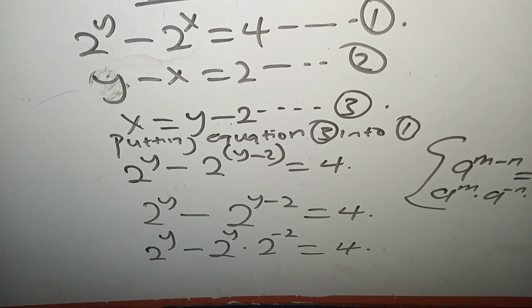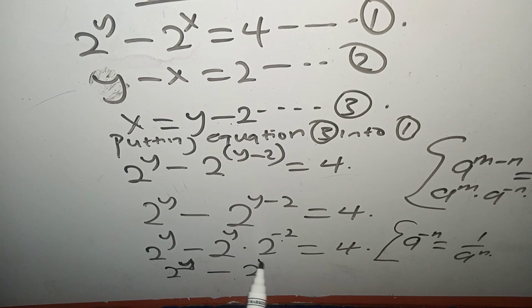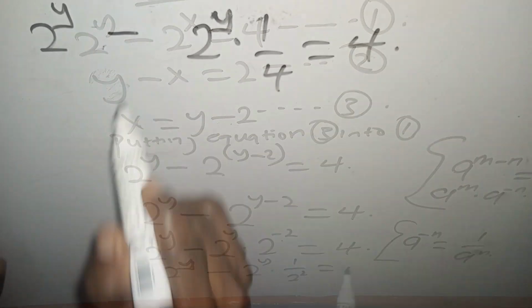Having done that, at this junction, applying the same rules from indices again, which says if we are having a to the power of minus n, it is also equal to 1 all over a to the power of n. So applying this rule here, we are going to have 2 to the power of y minus 2 to the power of y times 1 all over 2 to the power of 2.